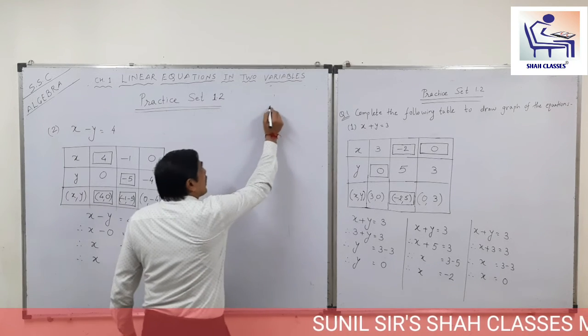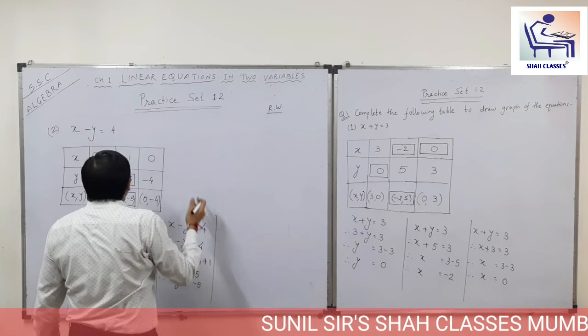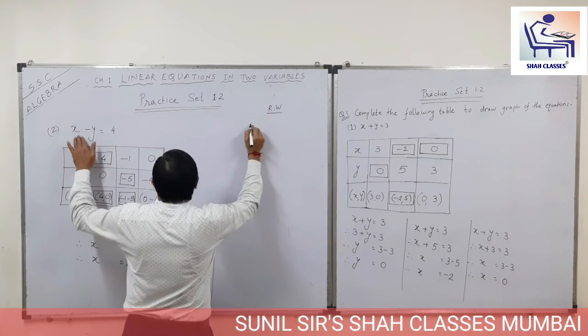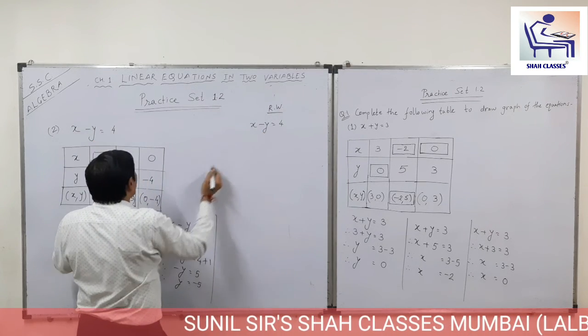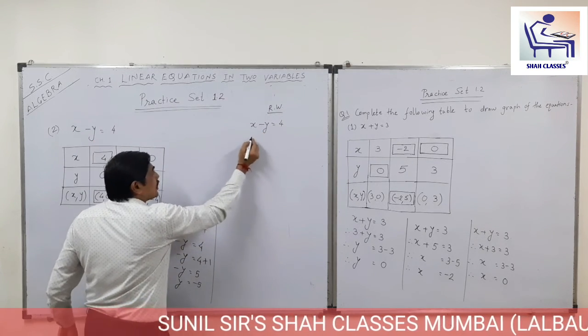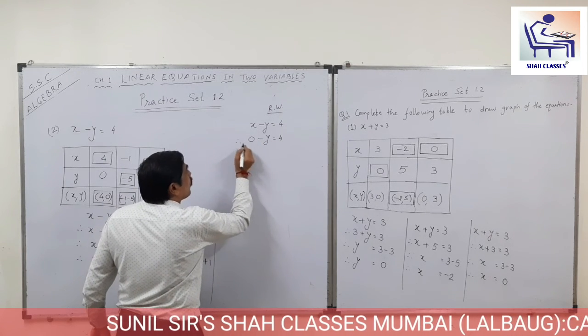Let's check it out by doing a rough work, as it is not needed, but we are just doing it for reference. So once again we are going for the equation. We will put the value of x as 0. So 0 minus y is equal to 4.